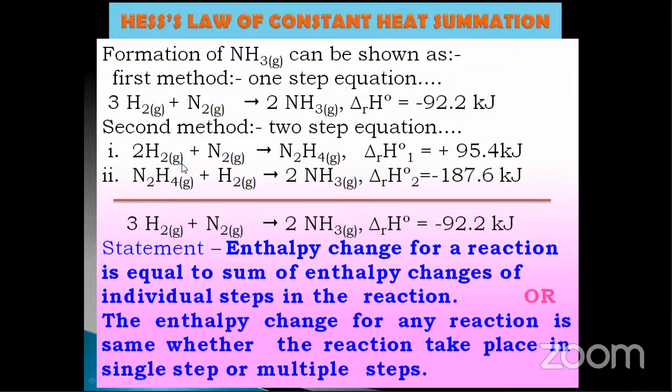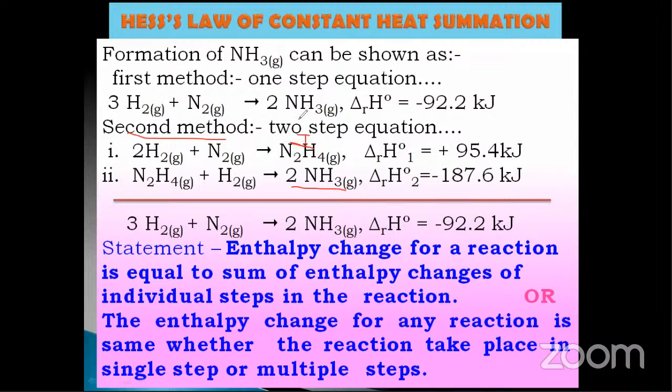Then in the another reaction N2H4 means this is the intermediate product form in the first step. या स्टेप मध्ये हे तयार झालेला जो काही इंटरमिजिएट प्रोडक्ट आहे तो सेकंड स्टेप मध्ये परत पुढच्या हायड्रोजन मॉलिक्यूल बरोबर रिएक्ट होऊन आपल्याला अमोनियाचा मॉलिक्यूल मिळतो. म्हणजे सेम रिएक्शन production or formation of ammonia, it is done in 2 steps by the second method, and in the first step this reaction is carried out in single step.